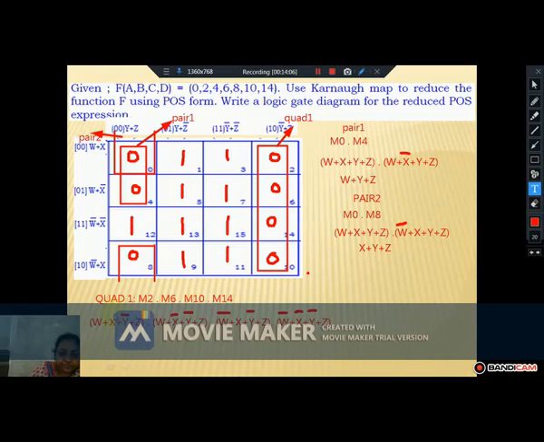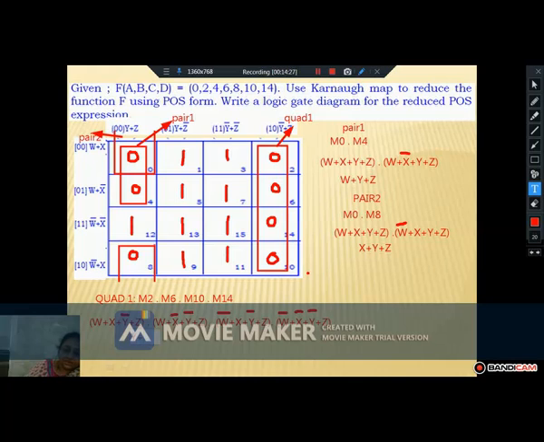Now let's write the common expression. W does not appear, X bar does not appear, Y bar, Y bar, Y bar, Y bar.